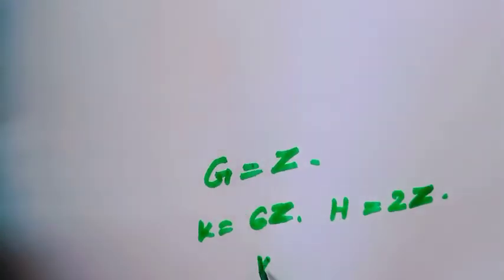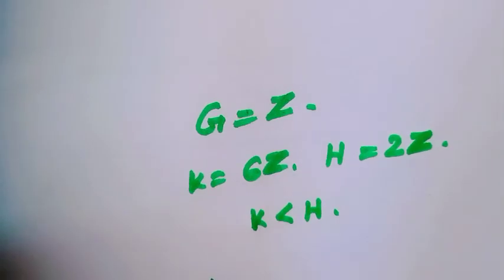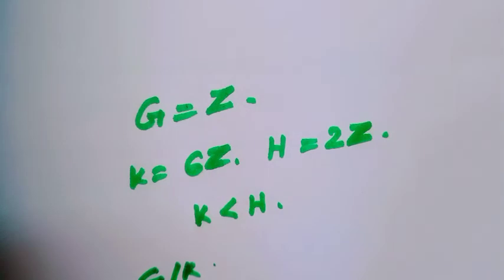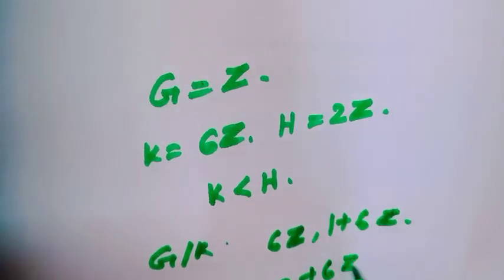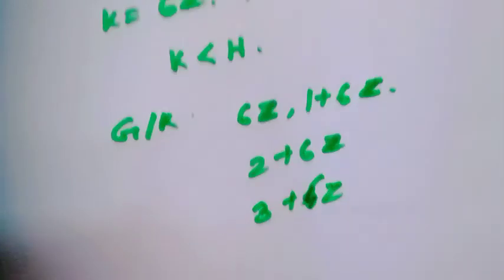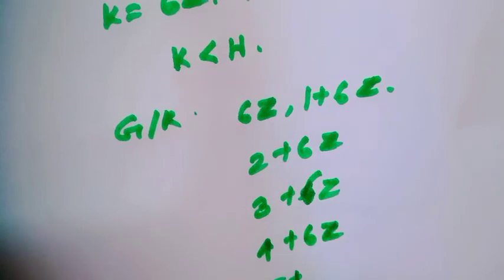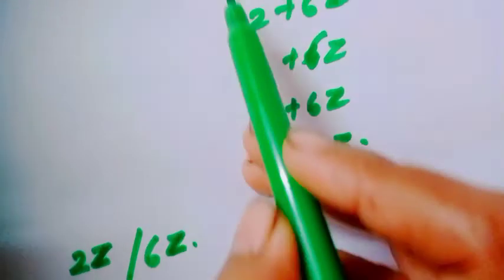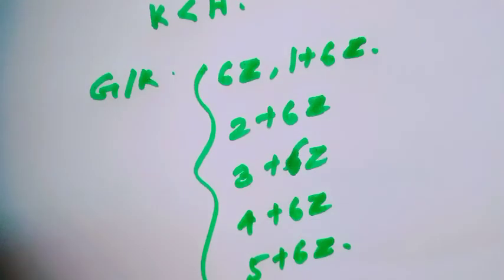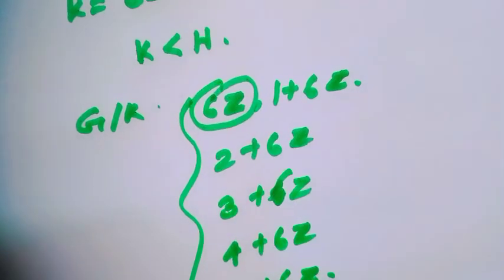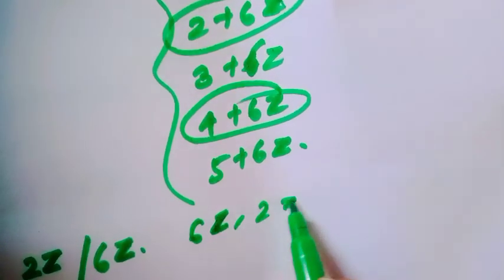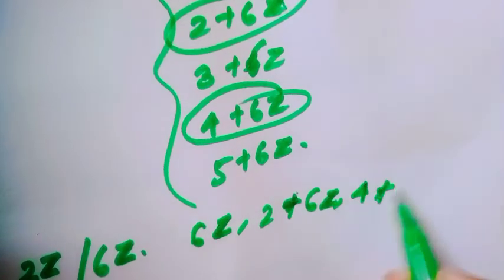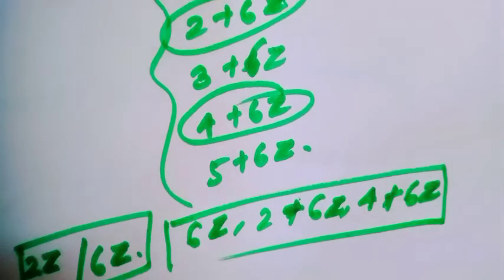And obviously K is contained in A, and G mod K has 6 elements: 6Z, 1 + 6Z, 2 + 6Z, 3 + 6Z, 4 + 6Z, 5 + 6Z. The quotient ring 2Z mod 6Z contains only 3 elements: 6Z, 2 + 6Z and 4 + 6Z. These elements are contained in this quotient ring.